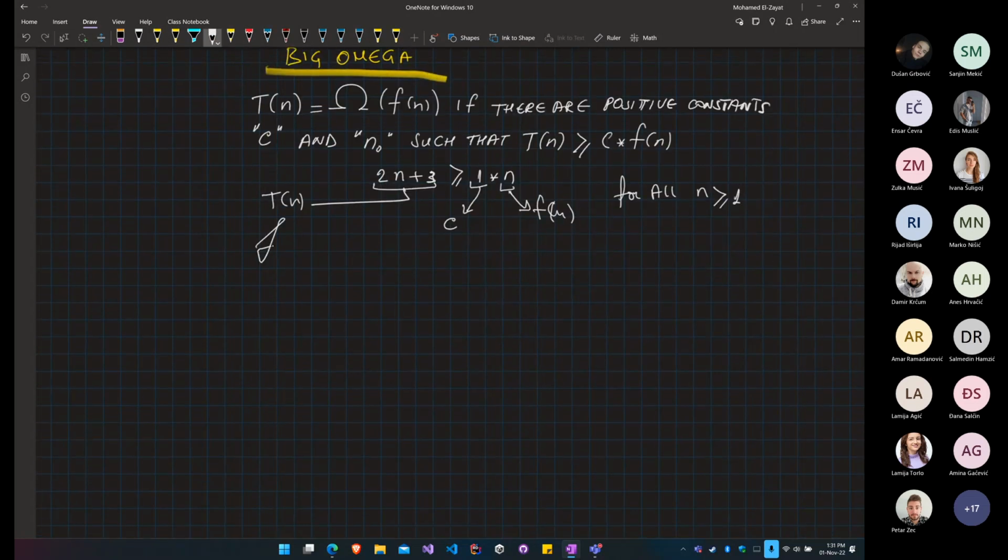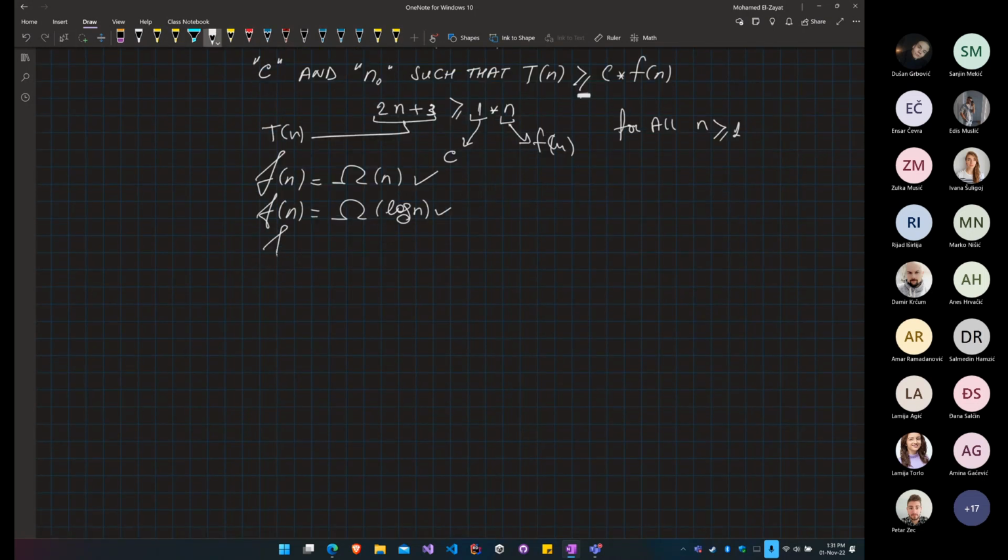That means that if you have a function f of n that is big omega of n, that is actually true because of this equality. If you have an f of n that is big omega of log n, then this is also true because log n is less than n. However, if I say the function has an execution time of big omega n squared, this is utterly wrong.